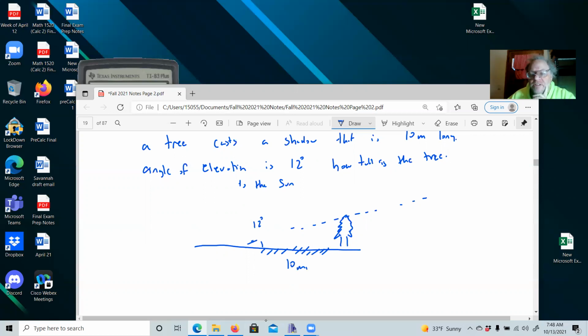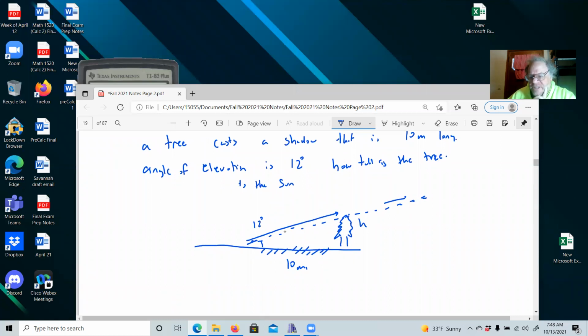The first time I taught trig, they made this the shadow. That was their shadow. I don't know what universe they came from, because it's not how light works here, but they always did that. And it wasn't just one person. There was a group of them that decided the shadow was going to be cast out from the tree up to the sun or something. I don't understand.